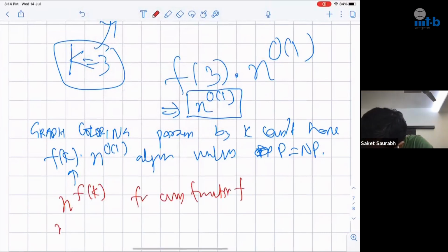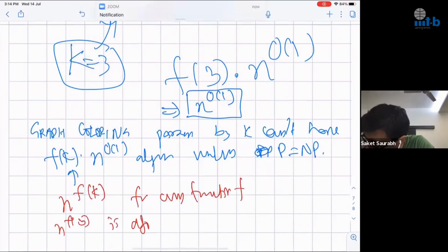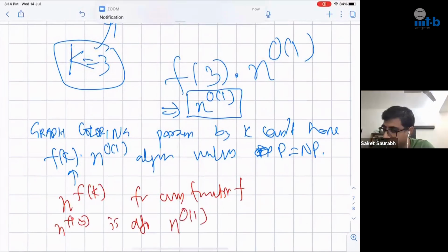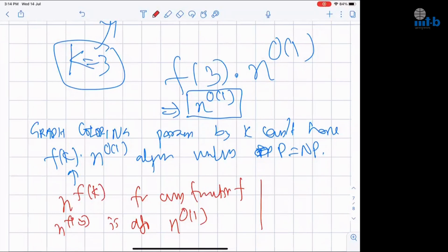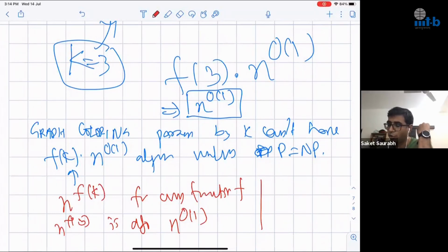Why? Because n to the power f of 3 is also n to the power big O of 1, right? So unless P equals NP, we do not hope to have an algorithm for graph coloring parameterized by number of colors with running time n to the power f of k. So this is our first non-trivial lower bound result in FPT complexity.